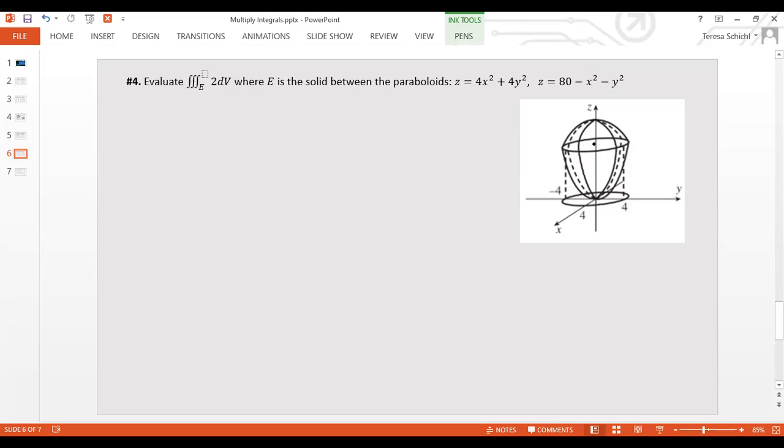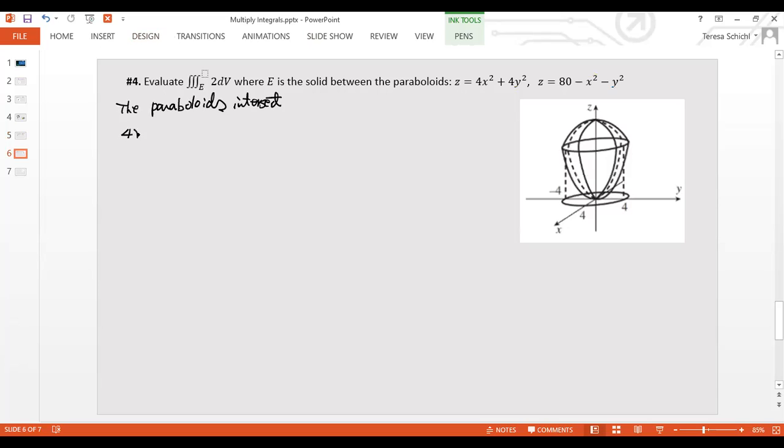Okay, so let's take a look at where they are going to intersect. The two paraboloids intersect when they equal each other, correct?